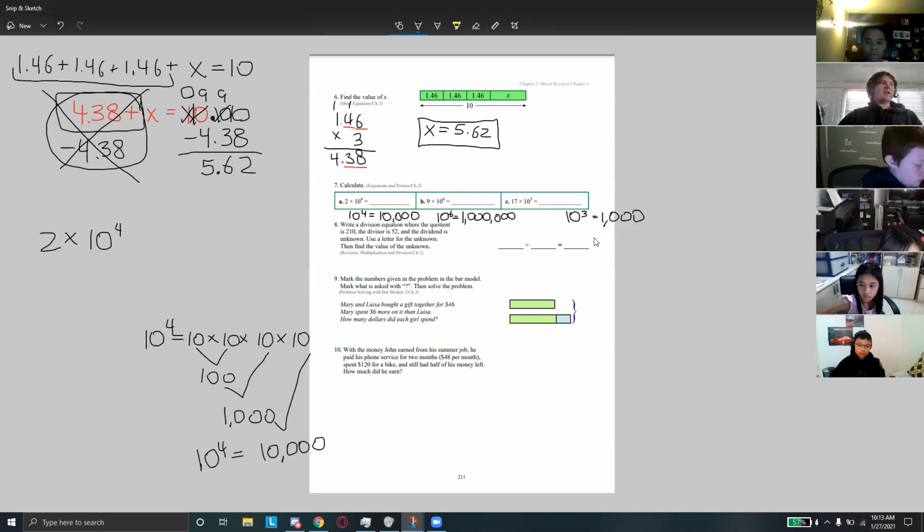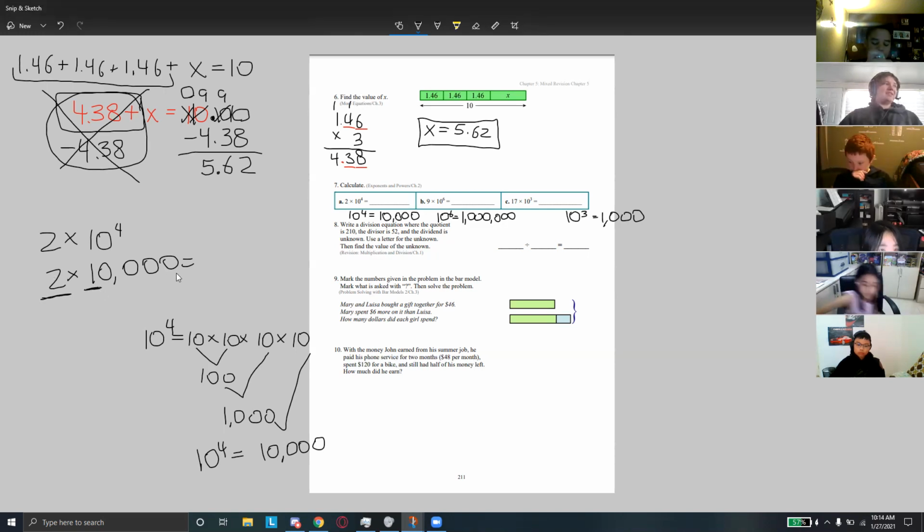Okay, so how does this trick help us? Well, now that we know that 10 to the 4th power is 10,000, when I do 2 times 10,000, I'm just going to do my 2 times the 1 in the number.